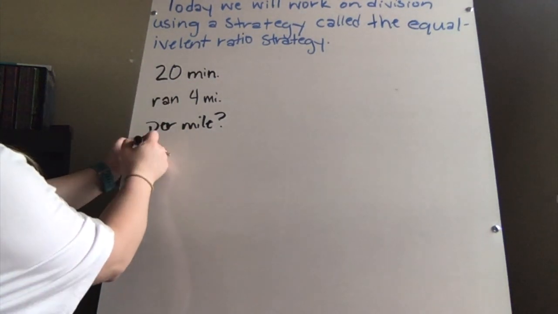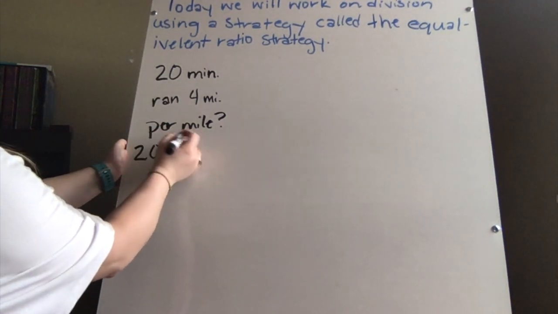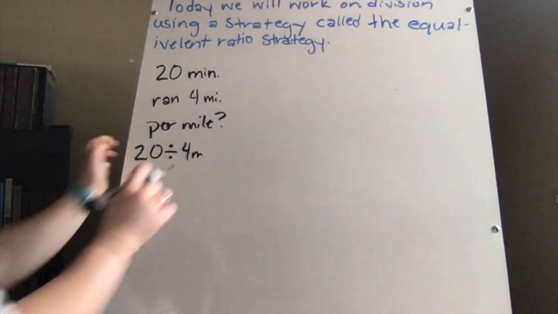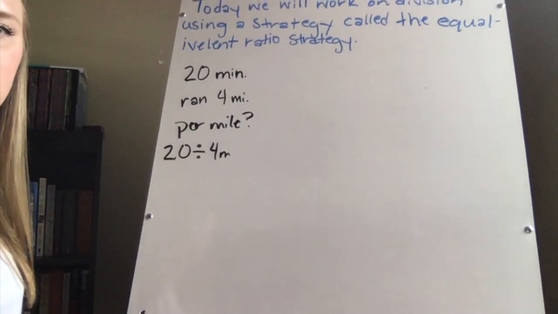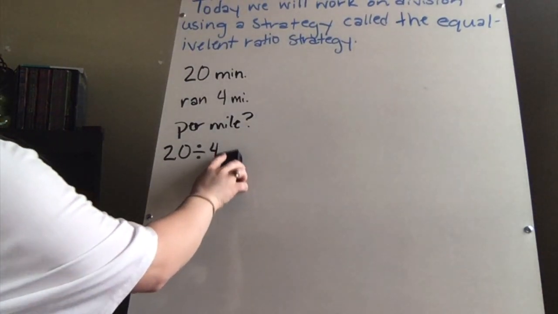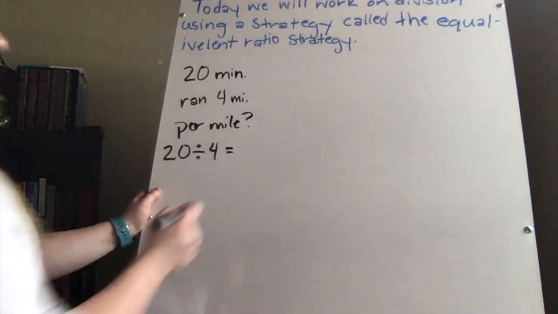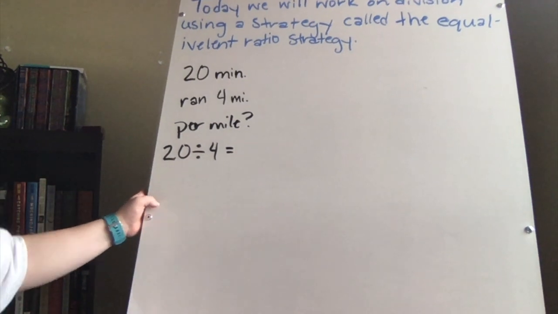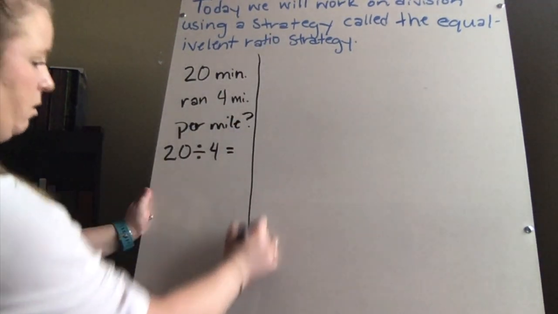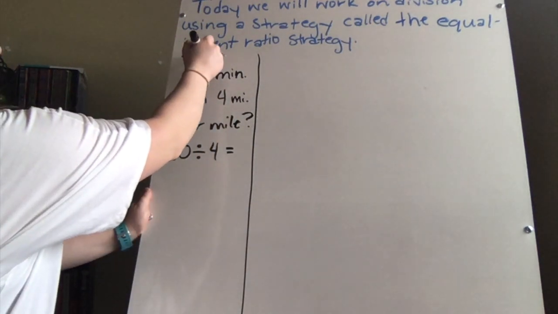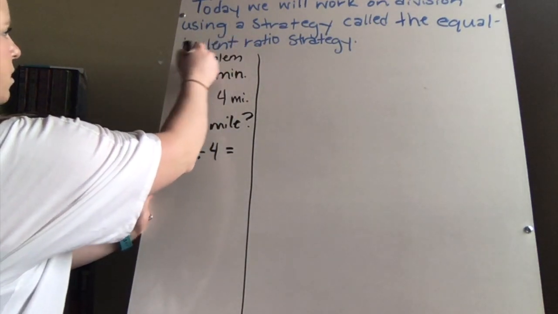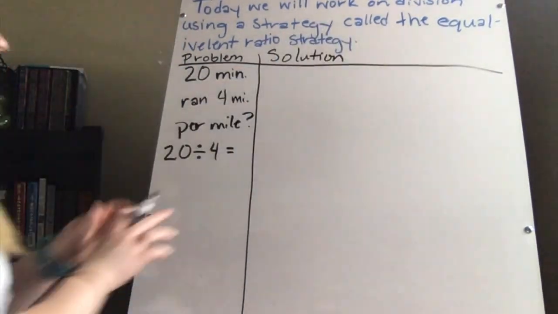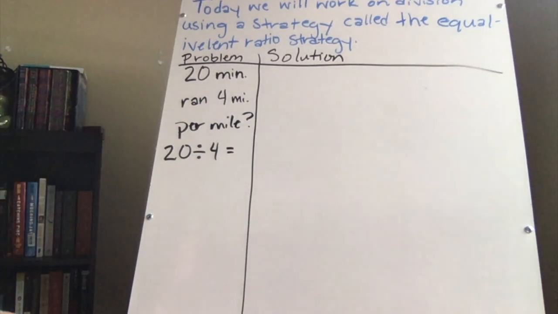And to do that, we're going to do the 20 minutes divided by the 4 miles to give us our pace. I'm going to show you how to solve this today using the equivalent ratios. So that's going to be a ratio table. So our problem is over here. Solution. And I'll do our solution in a different color.